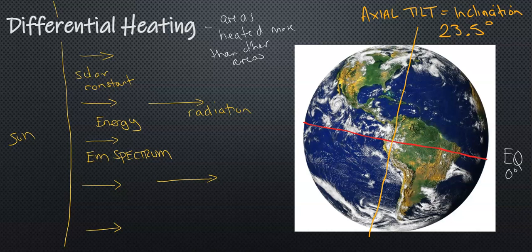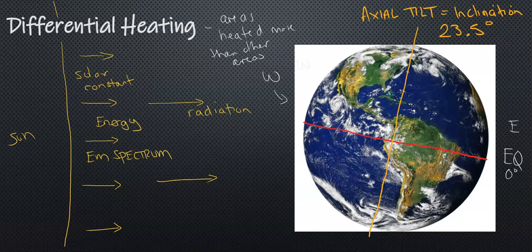So I have this red line showing the equator, which is 0 degrees latitude, and it's at a tilt, an angle, because of the actual tilt, and the Earth spins from west to east, and this gives us our 24-hour day and how the Earth rotates on its axis. So the sun, which is over here on the left, gives us the solar constant, which is the general average amount of energy the sun puts out that we, the Earth, receive as a planetary system.